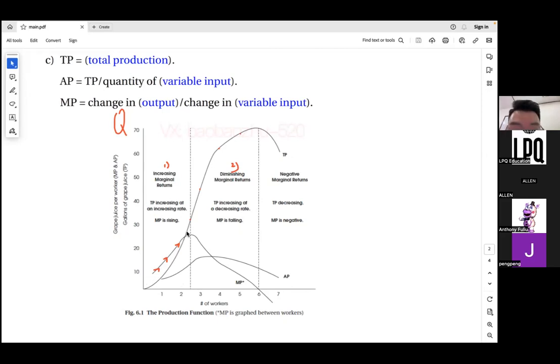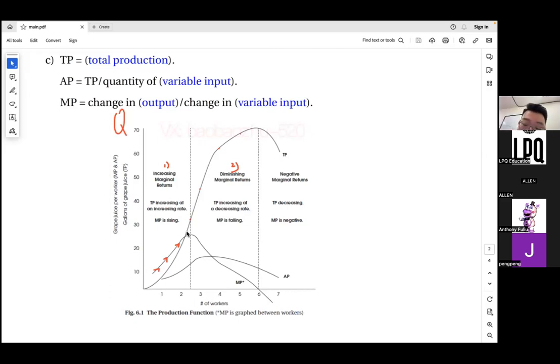What is the reason again? Can somebody repeat why MP in the first stage can increase? Labor specialization, right?